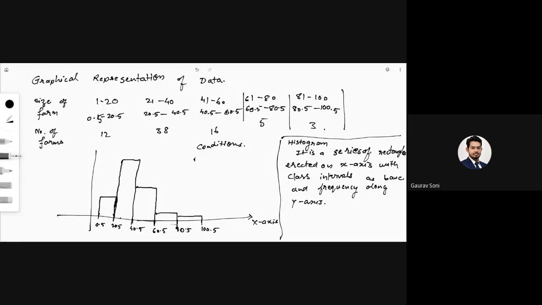First one, in case of inclusive distribution, just like our example, extend the intervals to make the distribution exclusive.